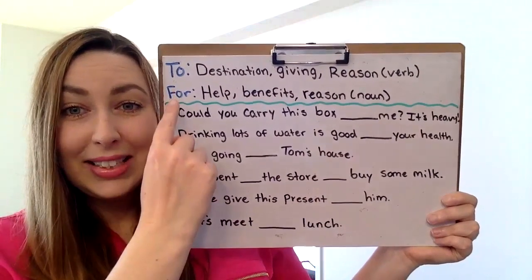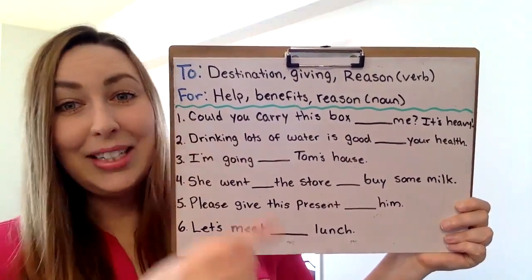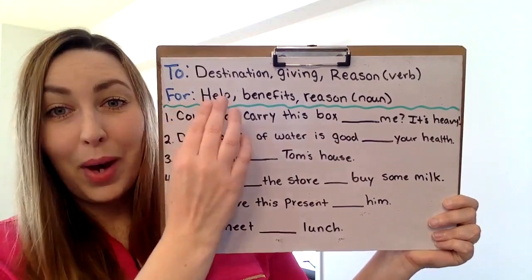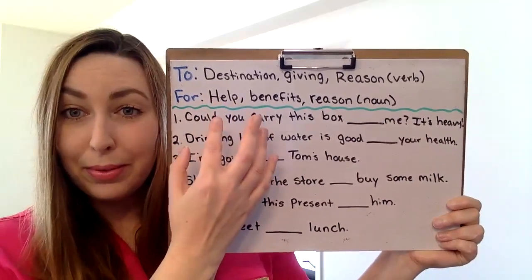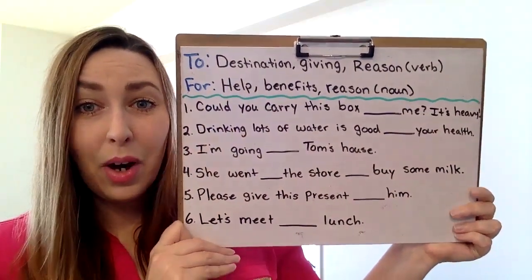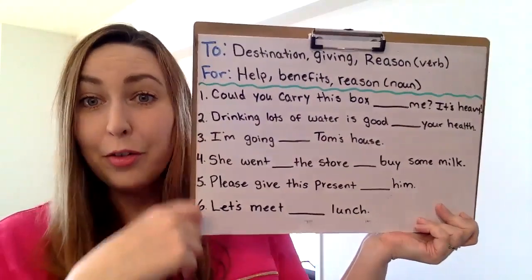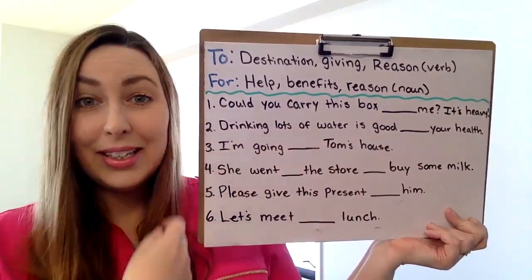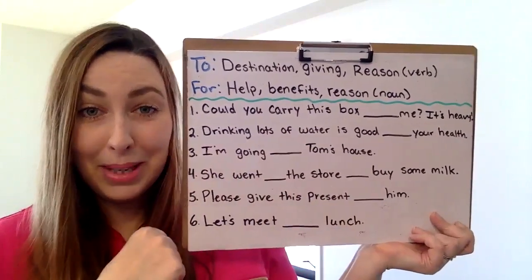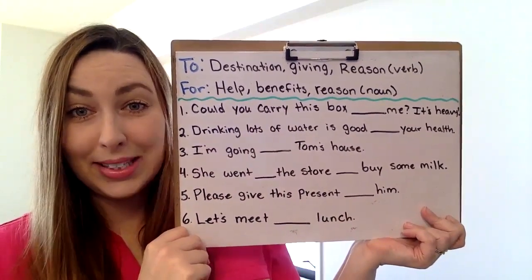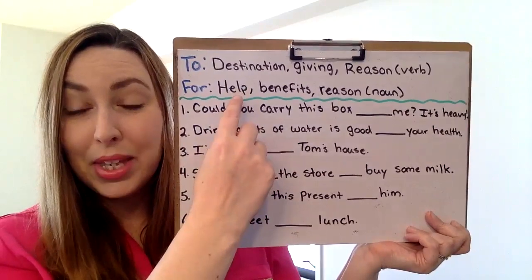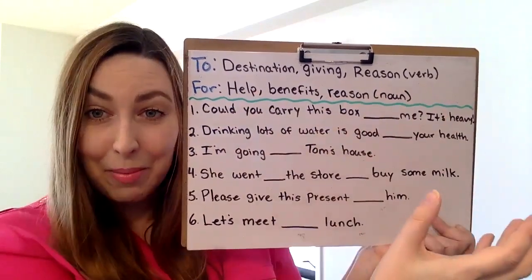So let's look at "for," all right? We can use "for" when we're talking about help, right? Can you hold my bag for me? For me. So you are helping me, right? You're helping someone. Okay, you do something for someone.